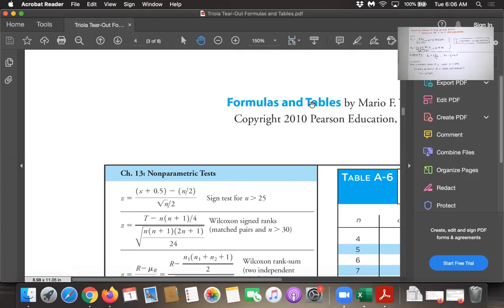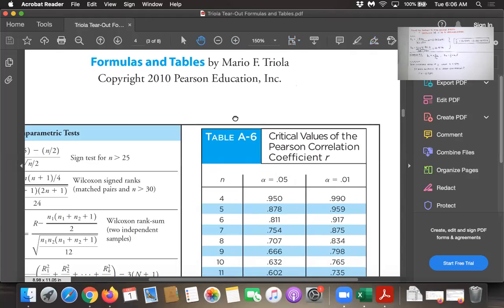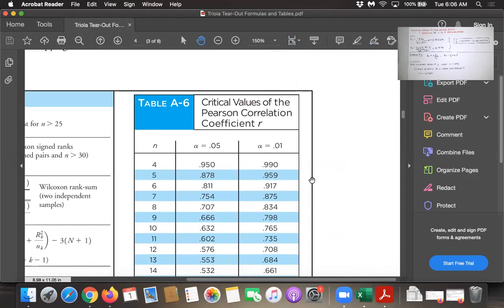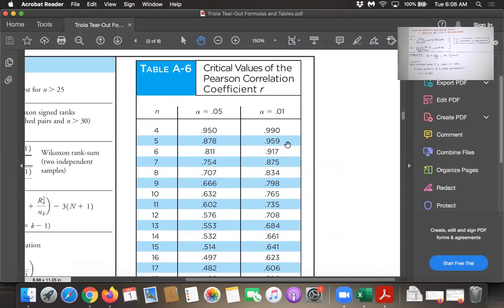Okay, so we're here looking at our formulas and tables from Mr. Triola. If we want the critical values of R for alpha equals 0.05 significance and alpha equals 0.01 significance, we need to know our sample size. We had 5 ordered pairs, so n is equal to 5. So we have 2 pairs of critical values.